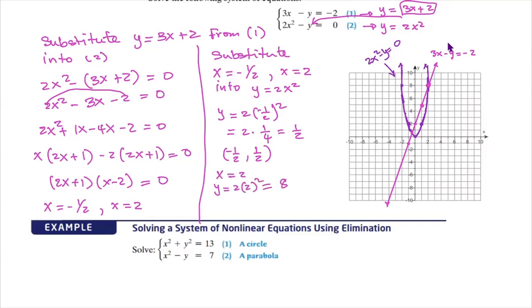So the second solution is x equals 2, y equals 8. And your solution set for the system is the first solution, comma, the second solution.